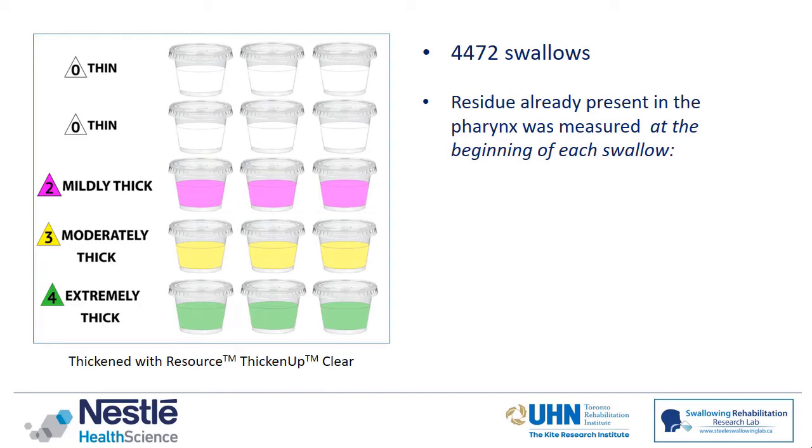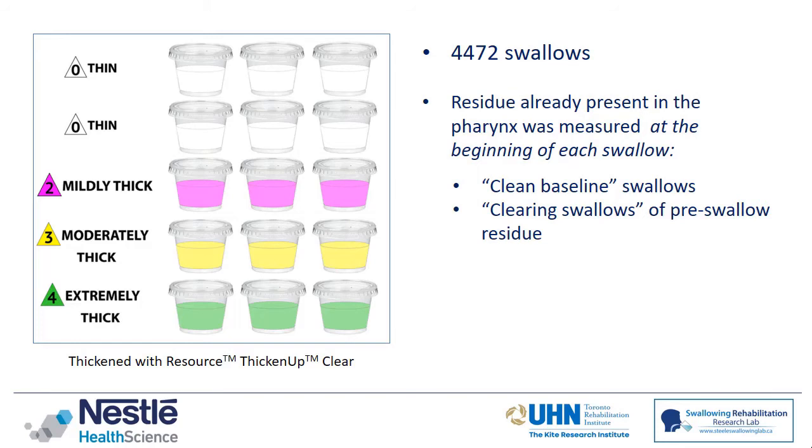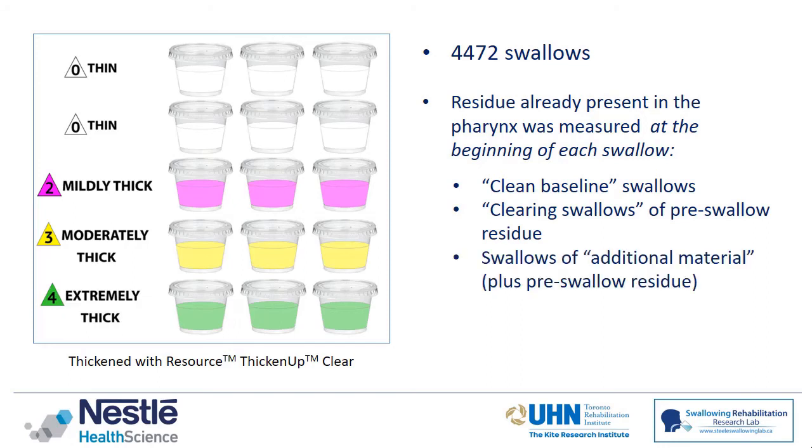And by doing this, we were able to divide the whole data set up into 3 different types of swallow. Those that had a clean baseline, meaning that there was no material in the pharynx before the swallow. Second, clearing swallows of residue where no new bolus was swallowed. And third, swallows of new material that happened in the situation where there was already pre-existing residue in the pharynx.